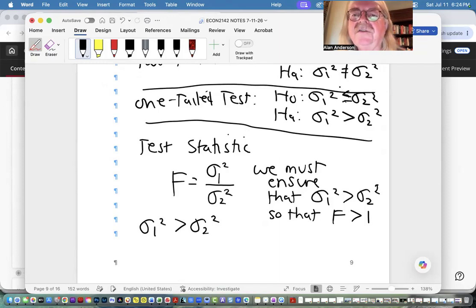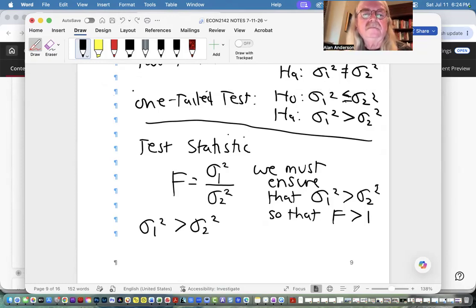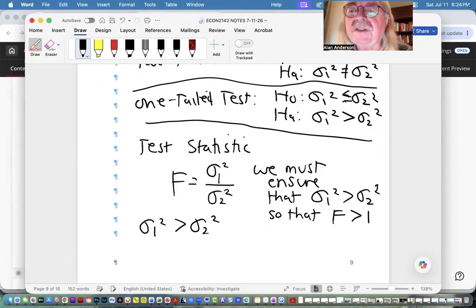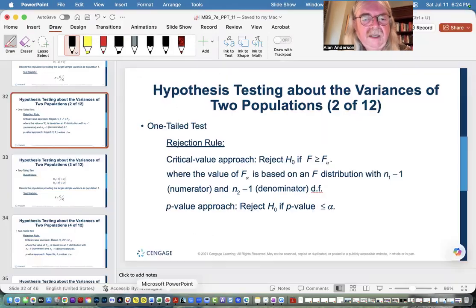The two-tailed test is fine, but this one, there's just the one case. Now that's very strange compared to what we're used to seeing. But again, it's because of the way the F statistic is defined. So this is something we have to get used to.